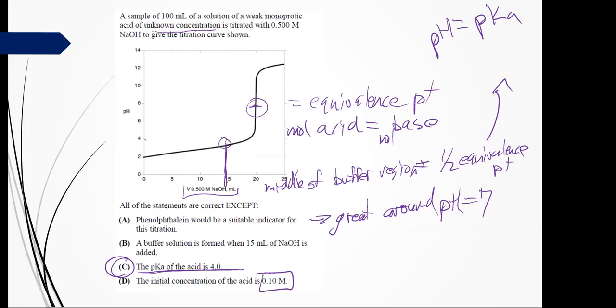So we're looking for C in that. Does anyone have any questions on that part? This last one comes from your equivalence point because we know the concentration of our base, the volume of our base, so we can find the concentration of our acid because we also know the volume of the acid and we know it's monoprotic.